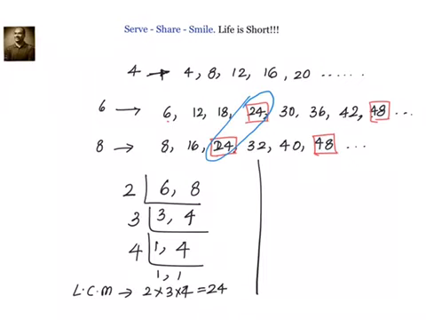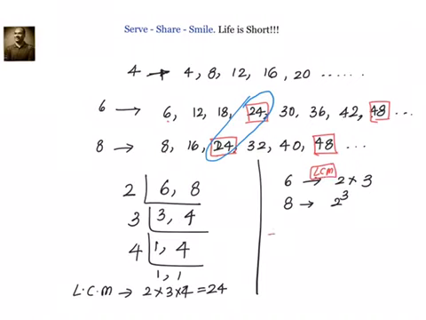Now there is another method how we can find out the LCM, because if it is big numbers, maybe it's a little bit difficult to do by any one of these methods. So the other method, we'll take 6 and 8 only. This is the prime factorization method: 6 is 2 into 3, and 8 is 2 cube. Now what is the logic to find out the LCM by this method?